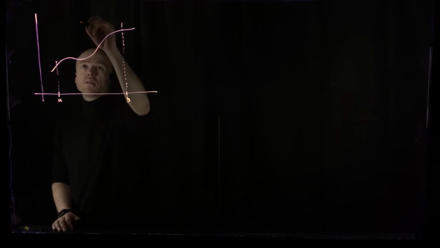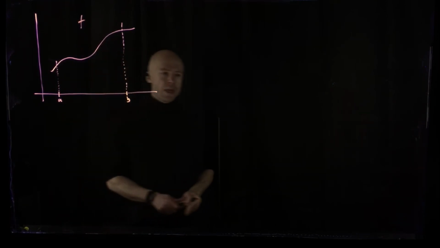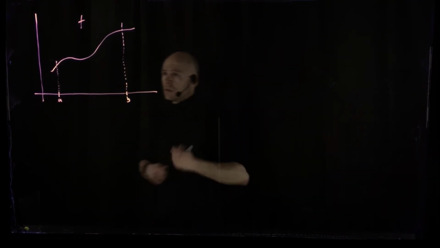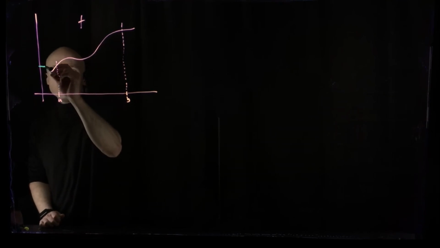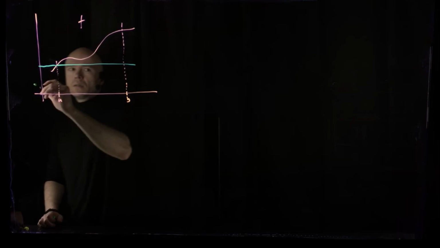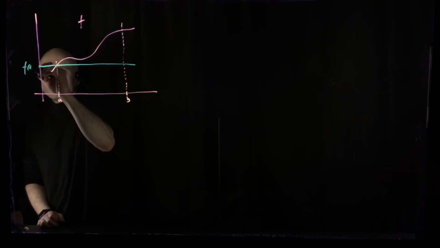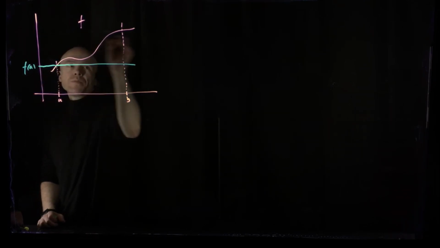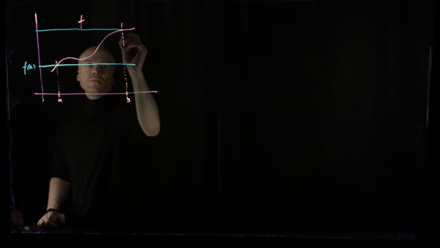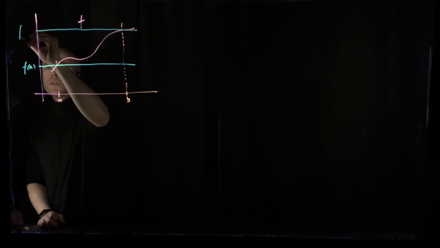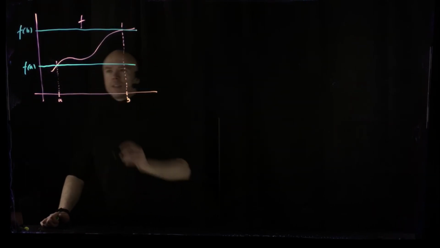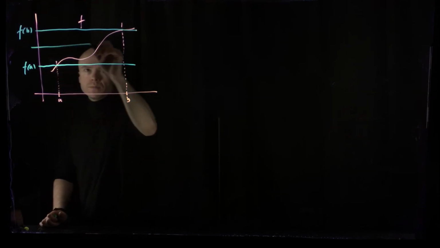So this is our graph of our function f. And if we take some value of the function, f of A, f of B, we take some value n between these two things.